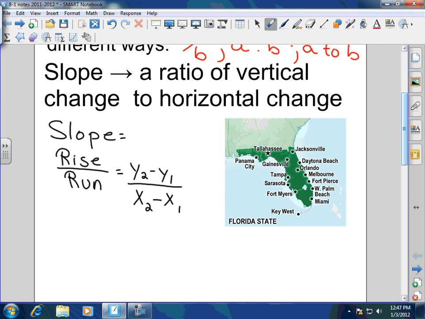That is a very popular ratio that we've already been working with. It's rise over run. You're comparing the vertical change with the horizontal change, and therefore that is a ratio.